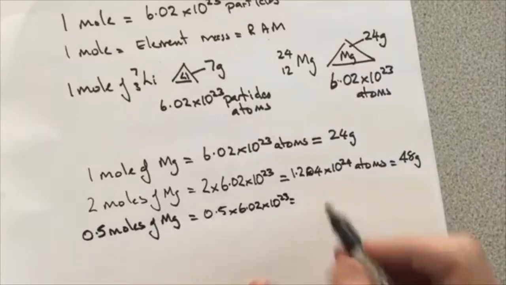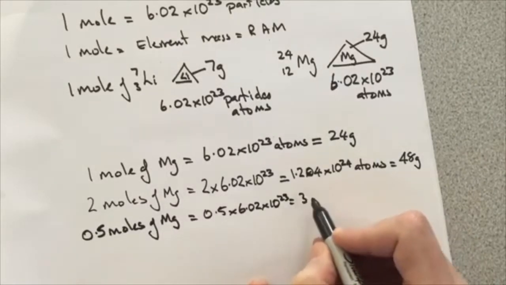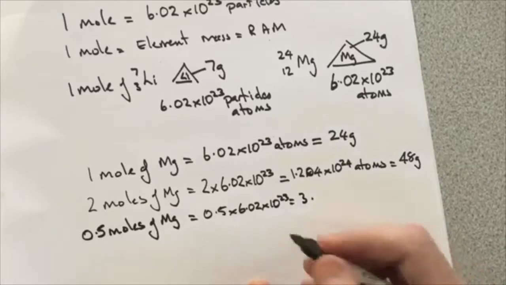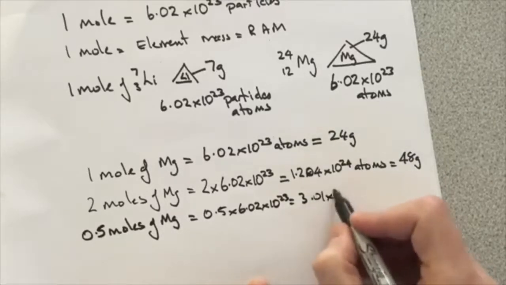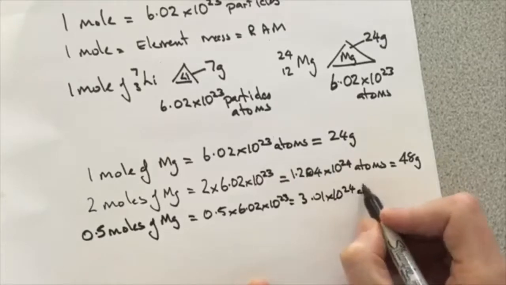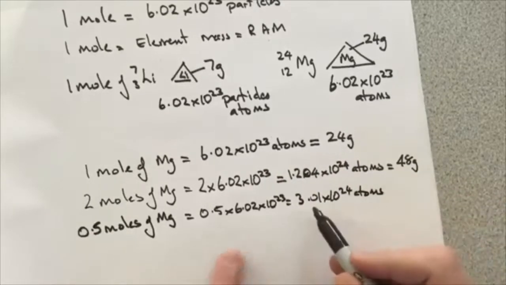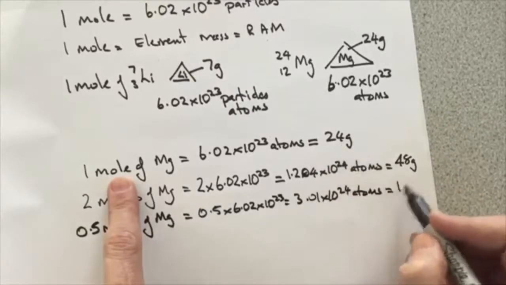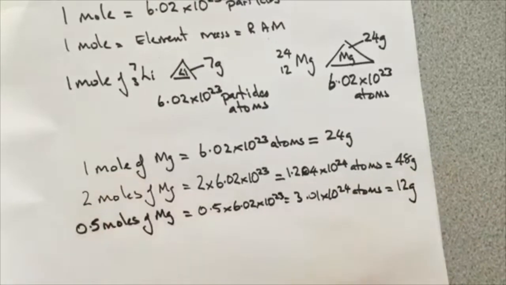Half that amount is going to be 3.01 times 10 to the 23 atoms. Because it's 0.5 moles, it's going to weigh half the amount. So the mass of this is going to be 12 grams.